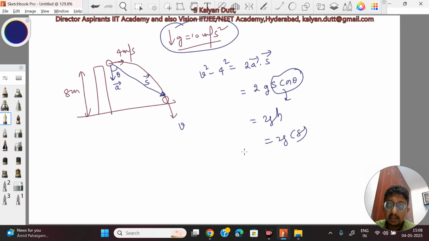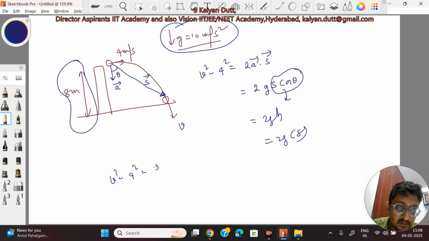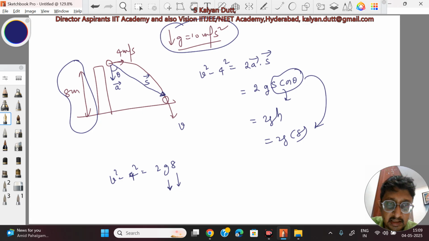So you see, ultimately the speed depends only on the height. Some people write v square minus u square is 2g into 8, taking acceleration in the vertical direction and displacement in the vertical direction. What is the proof? The proof comes from here. If you use 2a dot s, you get the correct proof.